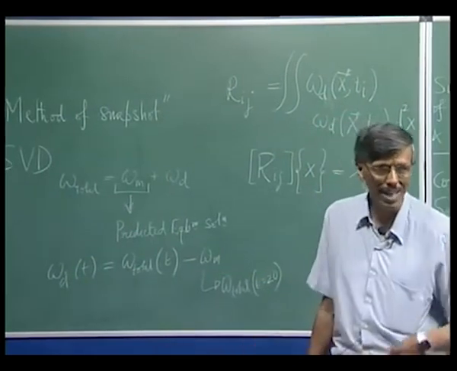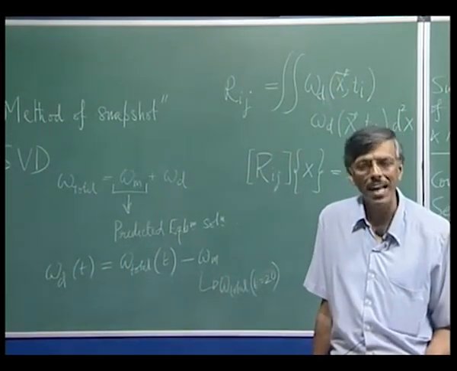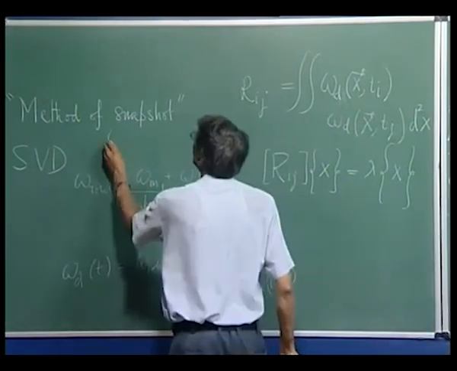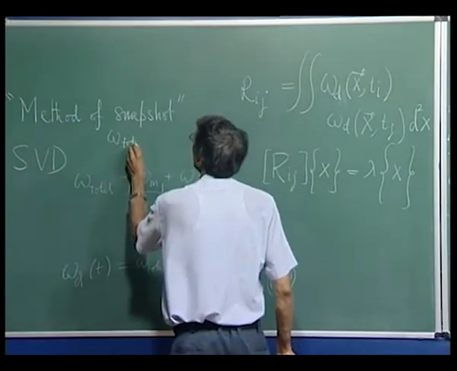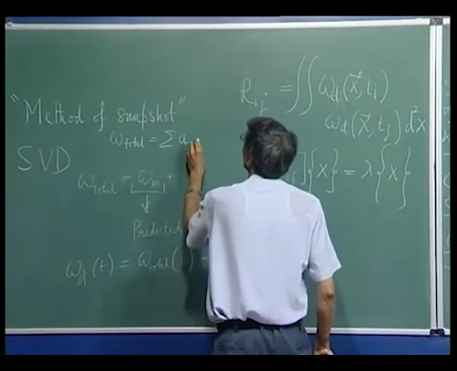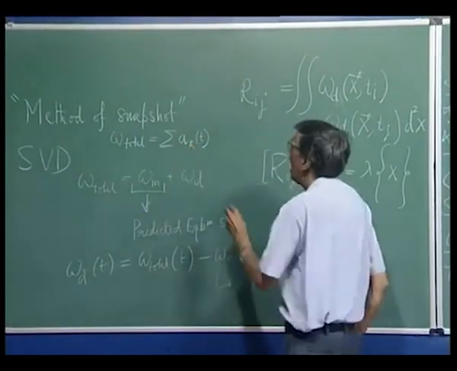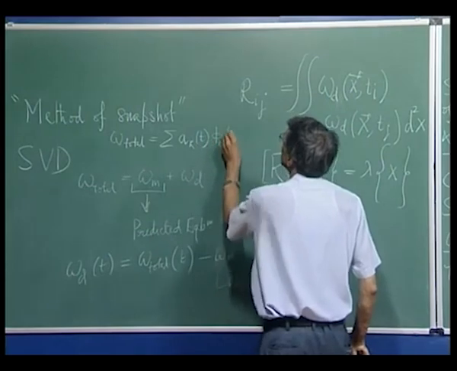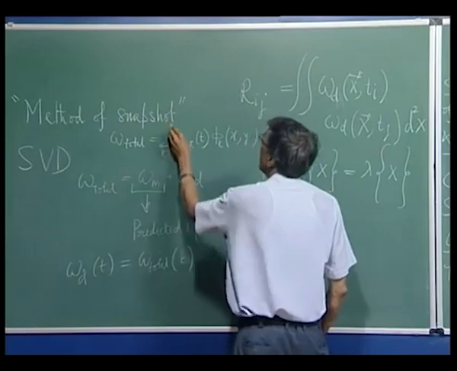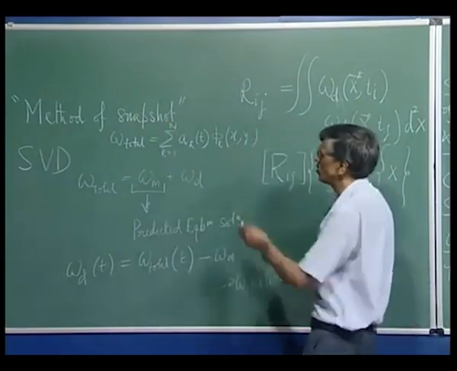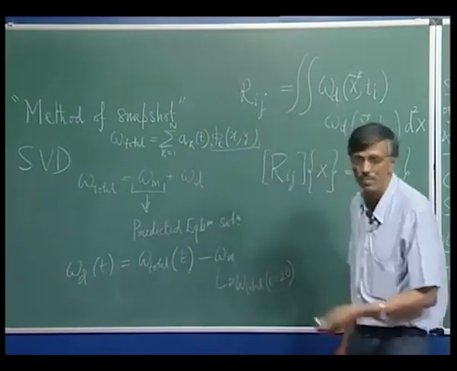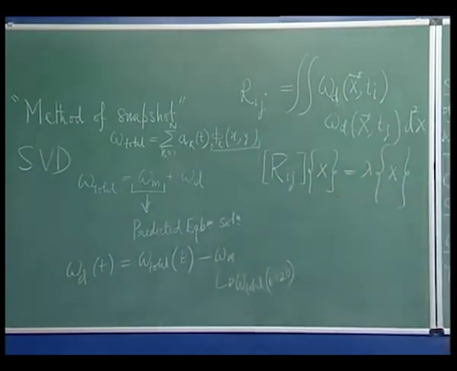So, if I now get the spatial modes, I can actually, since omega total is written as a summation of, let us say, a time dependent function and the eigenfunction here, which is a function of let us say x and y, and k goes from 1 to n, then what we are talking about, since the POD analysis helps us get these spatially dependent functions like what we plotted in the previous slide.